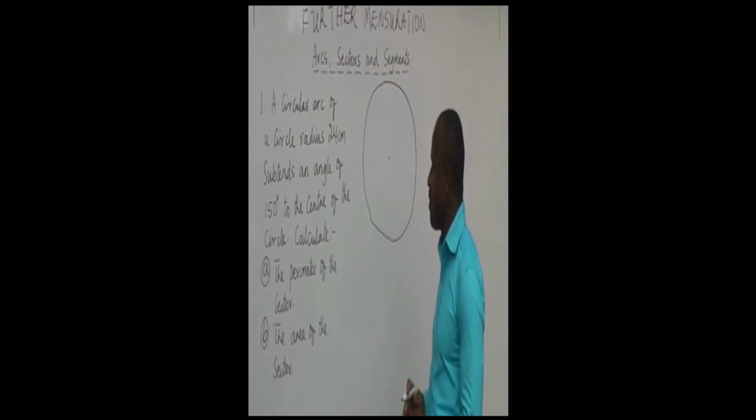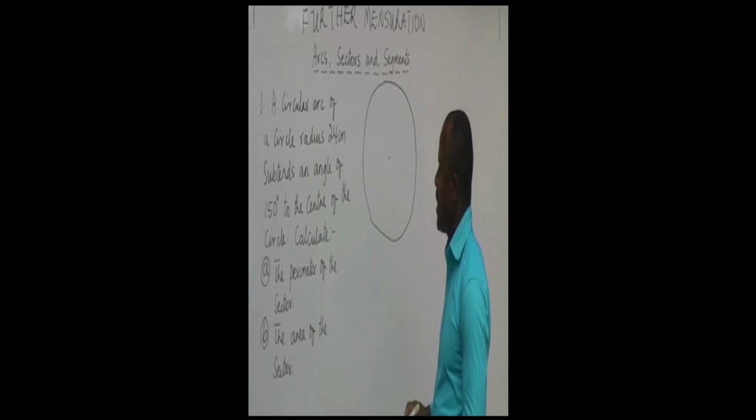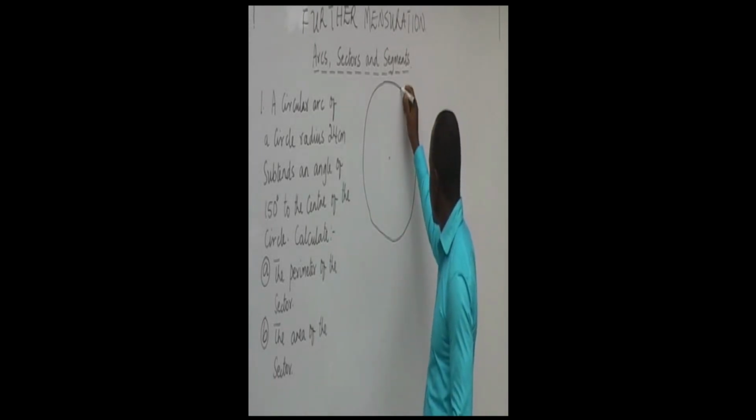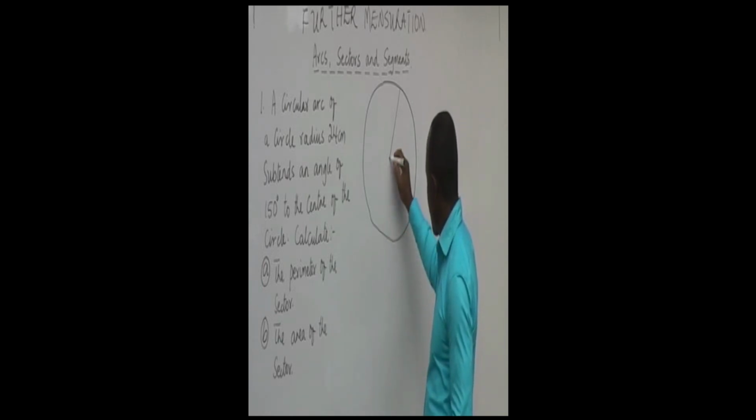Let this be the center of the circle. So they said the arc subtends an angle 150. So let's assume that this is the angle. Let this be the angle 150 degrees.